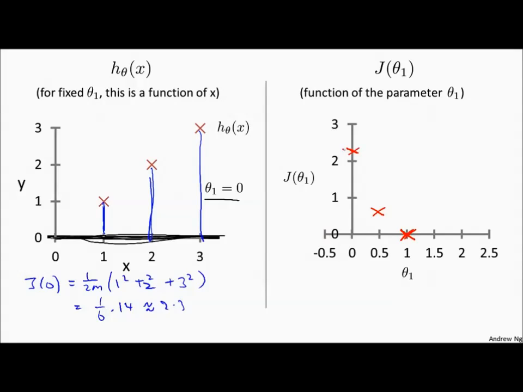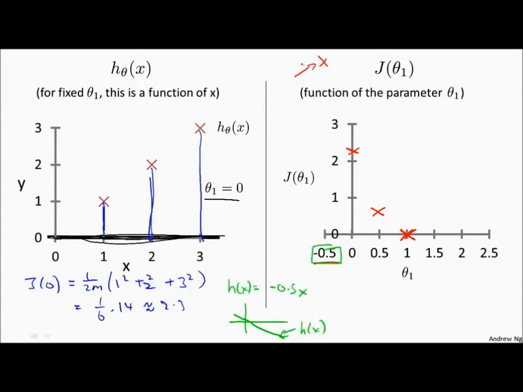And of course, we can keep on doing this for other values of theta 1. It turns out that you can have negative values of theta 1 as well. So if theta 1 is minus 0.5, then h of x would be equal to minus 0.5 times x, right? And that corresponds to a hypothesis with a slope of negative 0.5. And you can actually keep on computing these errors. For minus 0.5, it turns out to be a really high error.